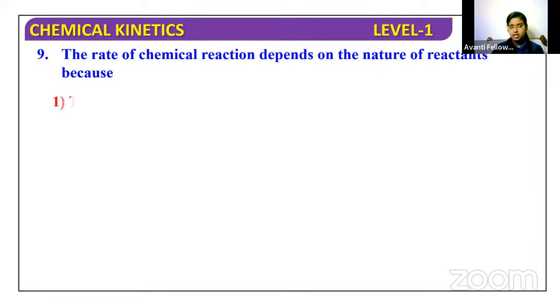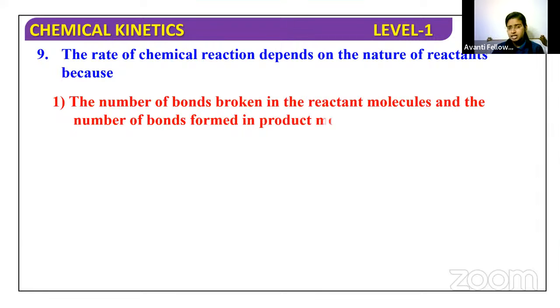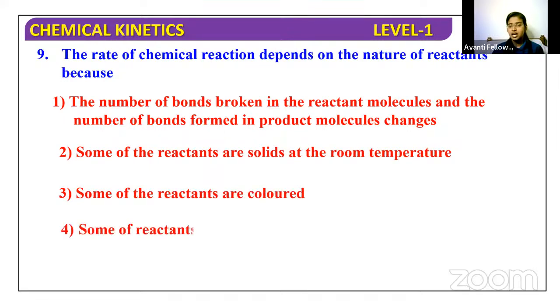Option 1 says that the number of bonds broken in the reactant and the number of bonds formed in the product changes. Some of the reactants are solids at room temperature. Some of the reactants are colored. Some of the reactants are liquid at room temperature. So what is the correct reason for this?